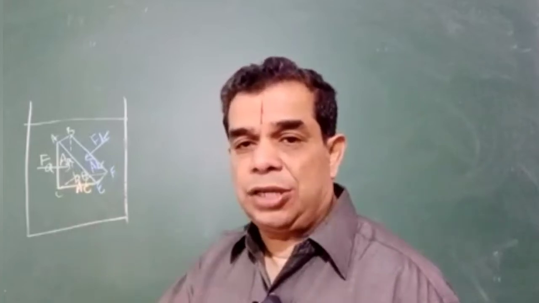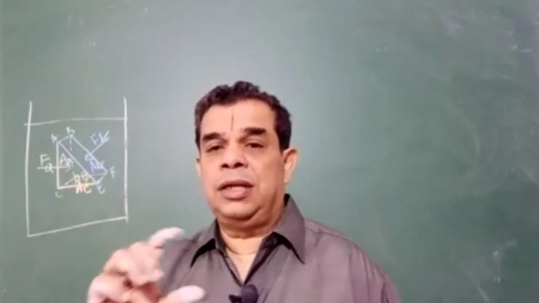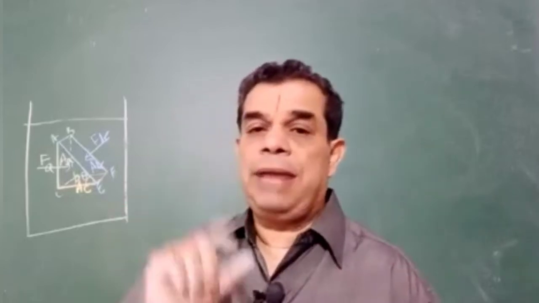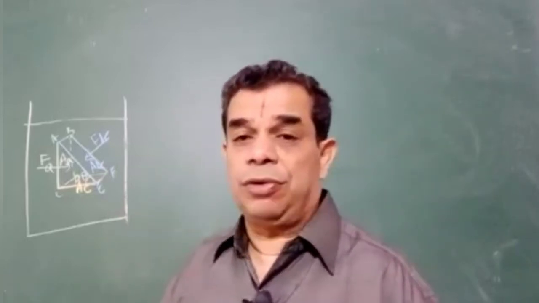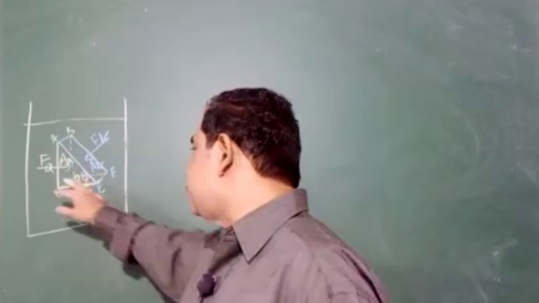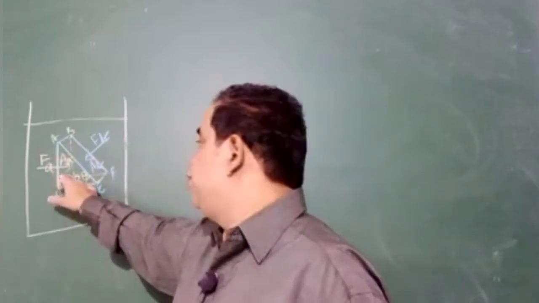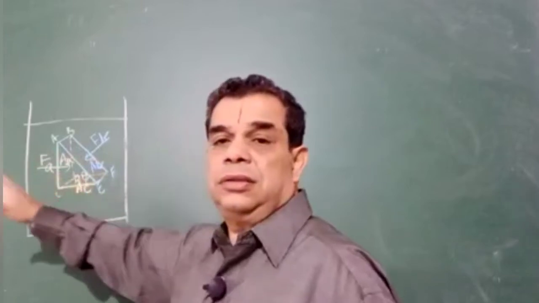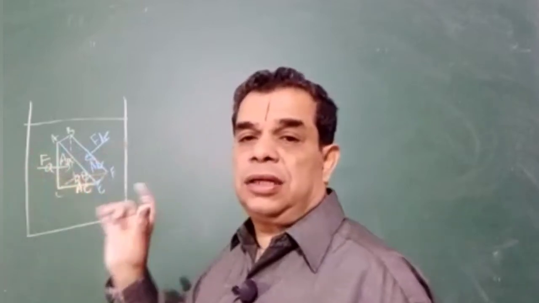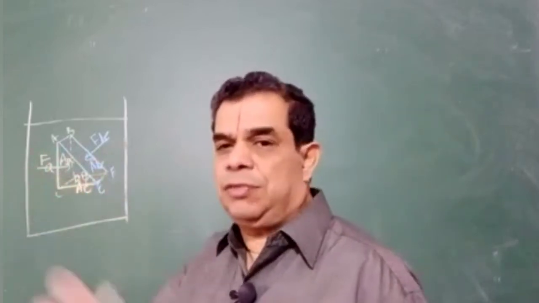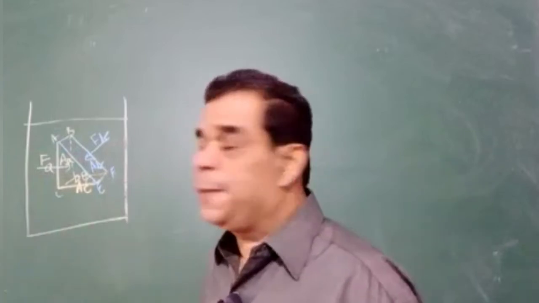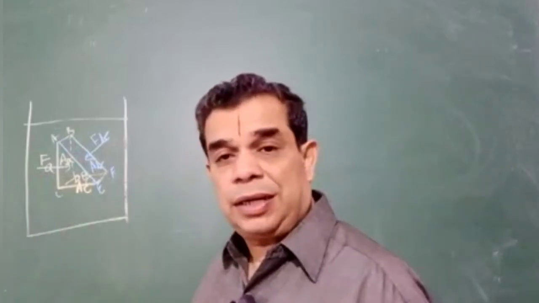But area can also be treated as a vector where the magnitude of the vector is the area magnitude. If this area is 2 meters square, we write a vector of length corresponding to 2 meters square, with a scale, as we said long back. Like that, area is also a vector.